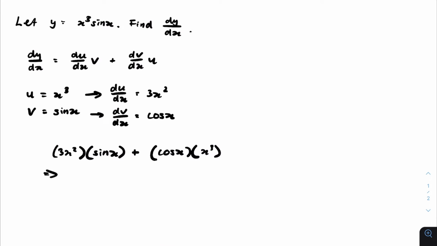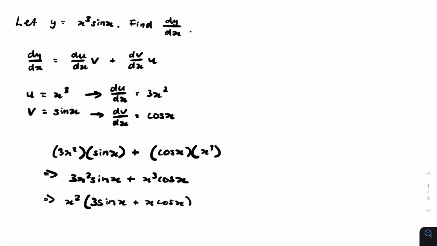And that simplifies down to 3x squared sine x plus x cubed cos x. Then we can factor out the x squared from each term to get x squared times (3 sine x plus x cos x). And that's how we'd express the answer. Just try and simplify it as much as you can.